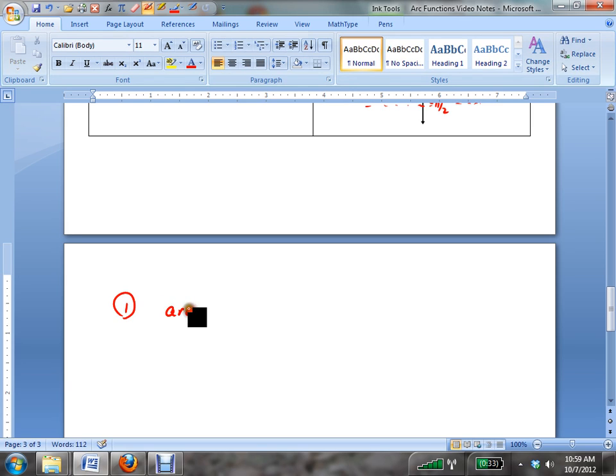First, let's do the arcsine of -1/2. Hopefully you remember from your unit circle that sine of pi over 6 is 1/2. And then we know because this is negative, it has to be negative pi over 6.